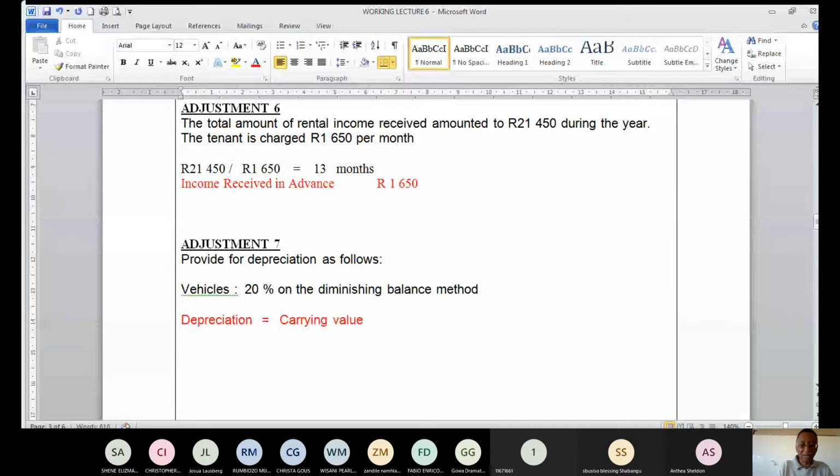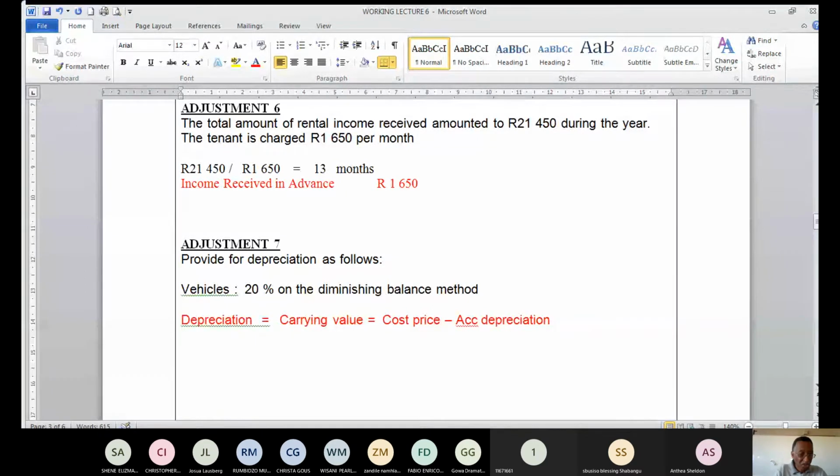And carrying value is nothing else but the cost price minus your accumulated depreciation. That is your carrying value.